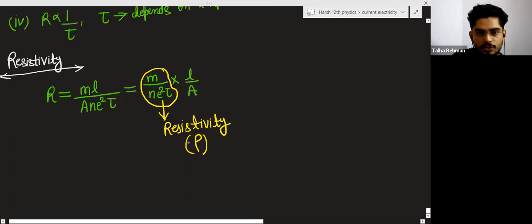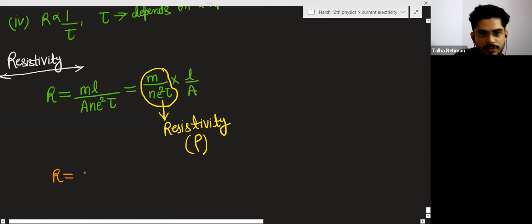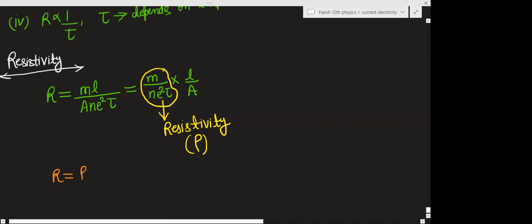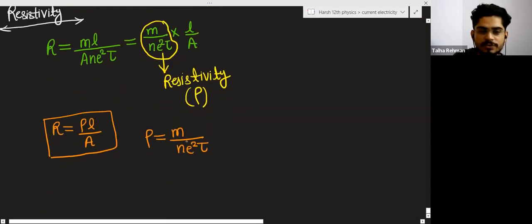This is resistivity. So I can write resistance is equal to rho L by A, and rho is equal to m upon n e squared tau.